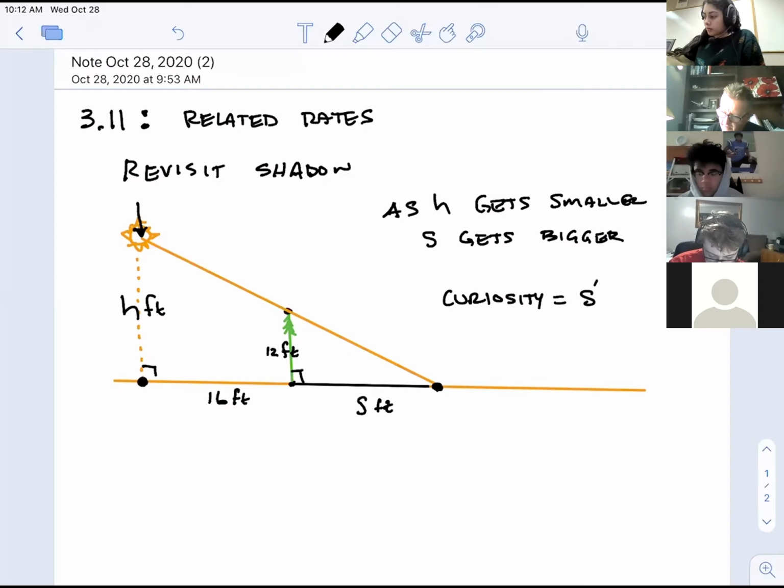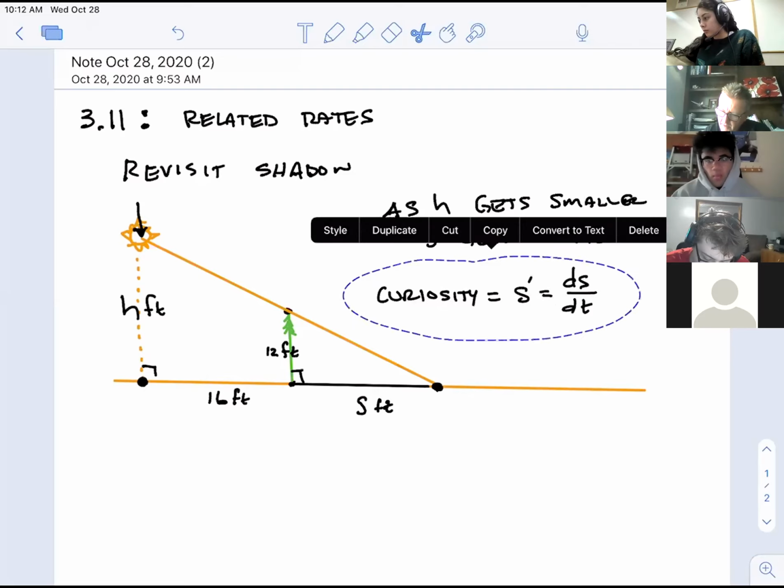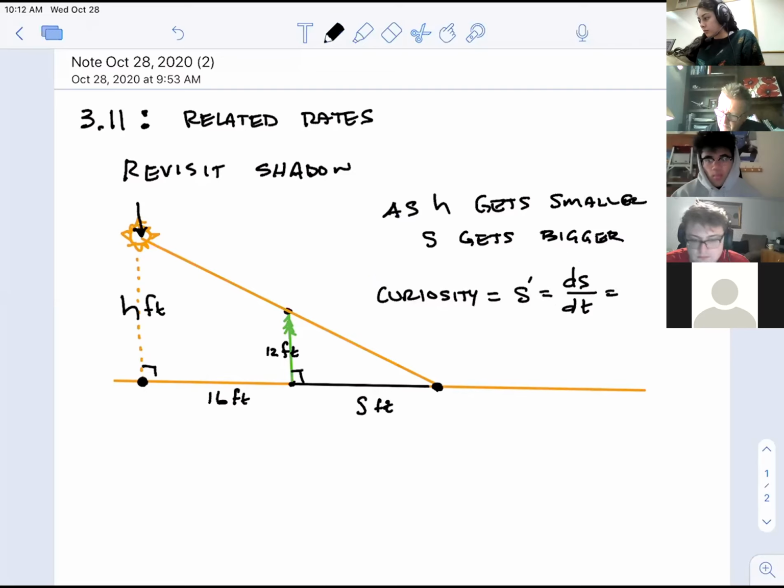And I'm going to say that even a better way today, which is ds dt, not ds dh, but ds dt, because does it make sense? The units for speed might be something like, well, let's see, maybe seconds is too fast. Let's say that this is feet per minute. Does it make sense?